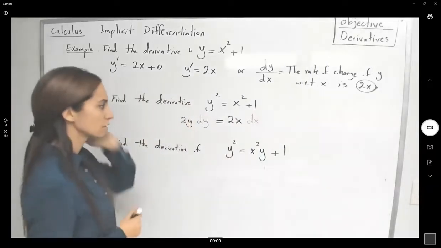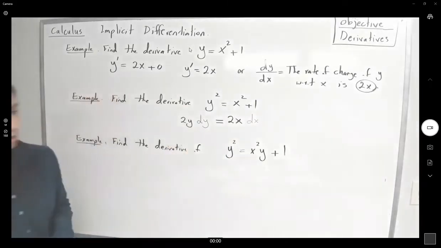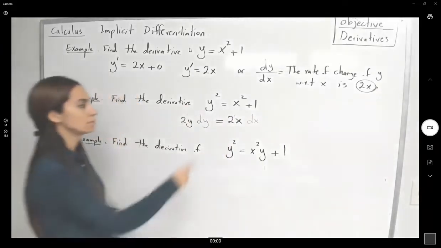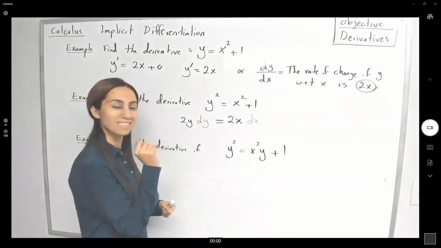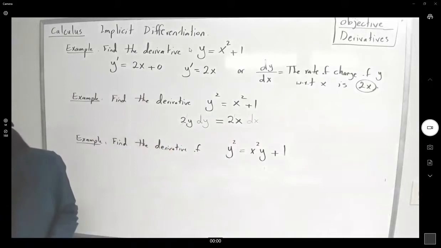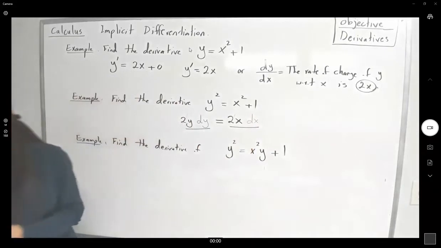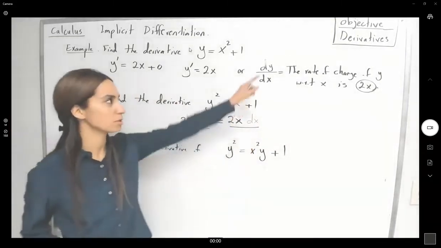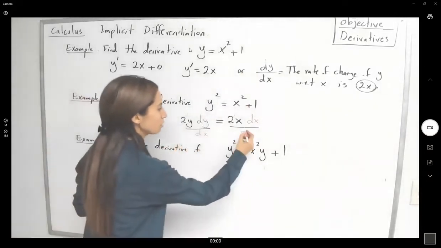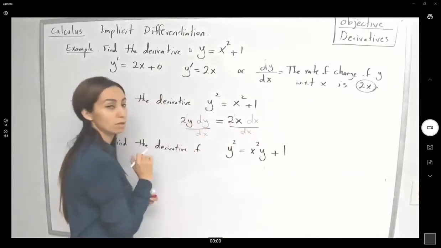Very well. So what's next? You have 2 on the left, 2 on the right. You can easily cancel out these two numbers. Then divide both sides by dx. What is our goal? Our goal is to create dy over dx. So if you divide both sides by dx, you can get rid of dx from the right-hand side and you are creating dy over dx.